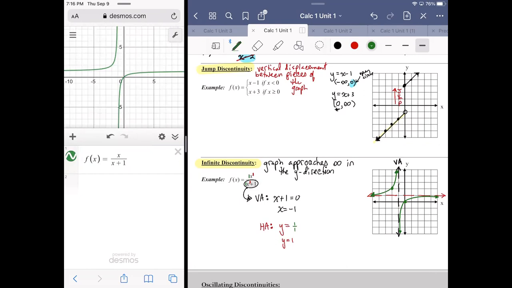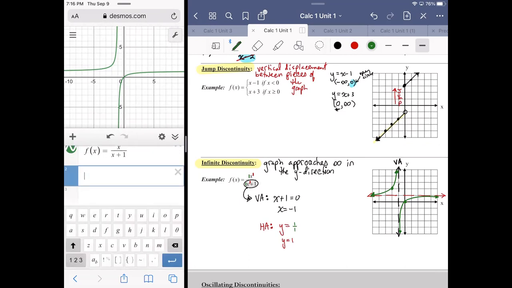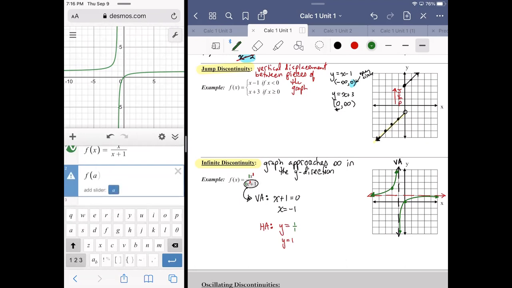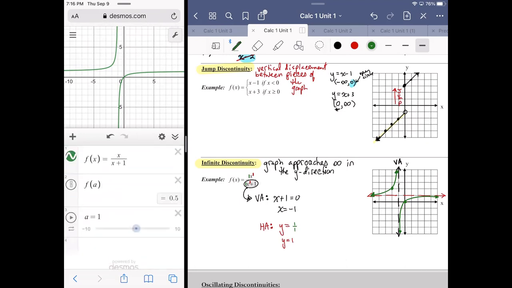Another thing that you can do if you want to get really precise numerically with this would be to evaluate the function for some arbitrary value a. So type in f of a and create a slider. This is kind of the building blocks of understanding limits.